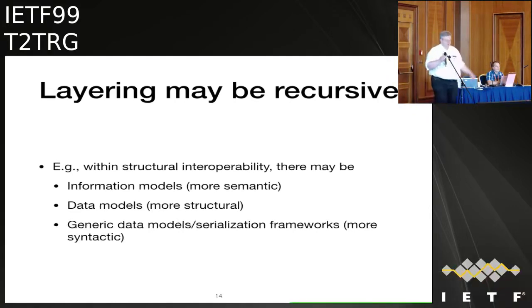There are data models, which are really about structure. And then there are something like generic data models or serialization frameworks, which reach down into the syntactical level. So we may have a little bit of nesting here, which is always a little bit difficult to understand, but it helps in getting this model actually be useful.